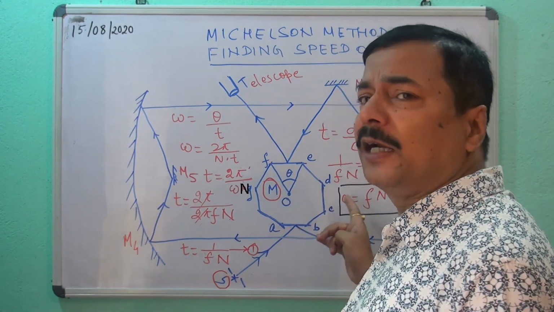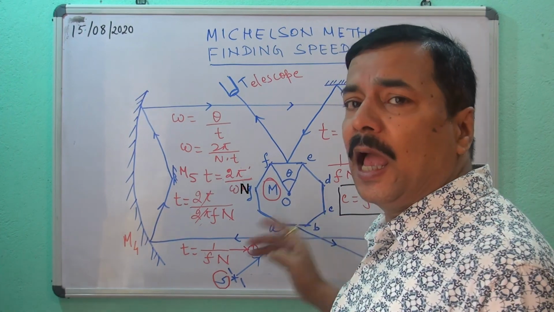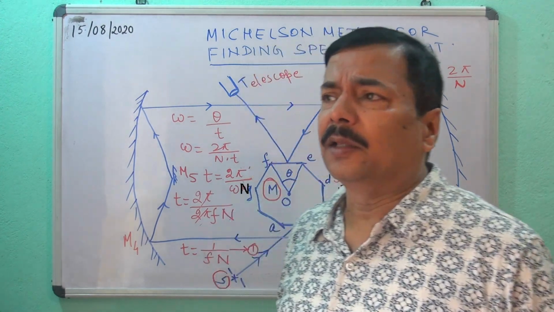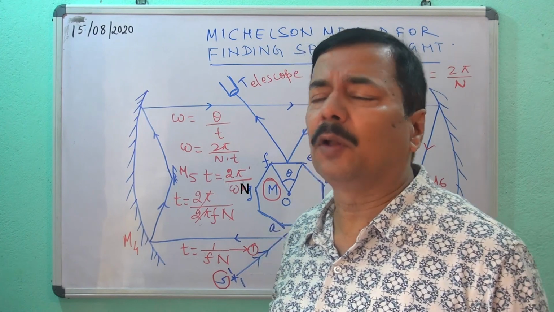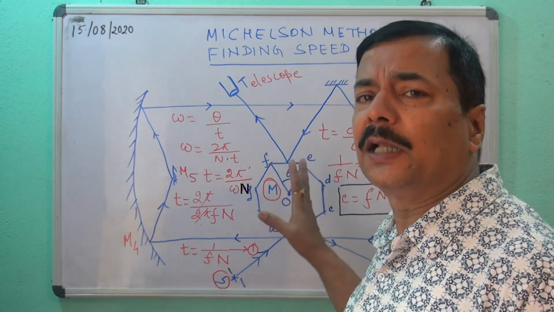But if a 12-sided mirror is there, we will use 12 f d. After Michelson's death, technology developed and a 32-sided mirror was also used in this experimental setup.